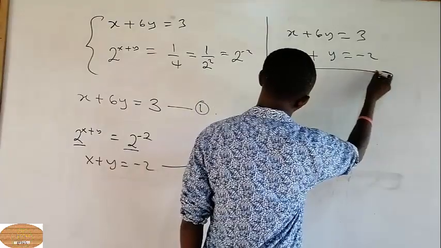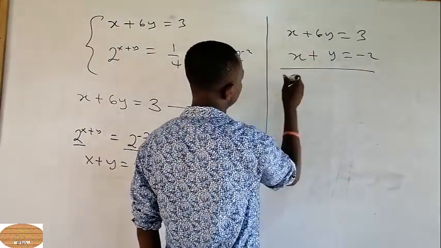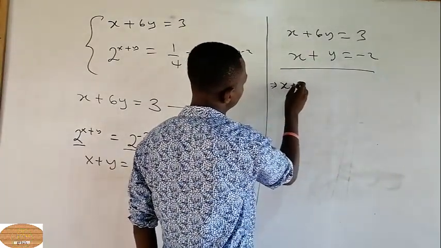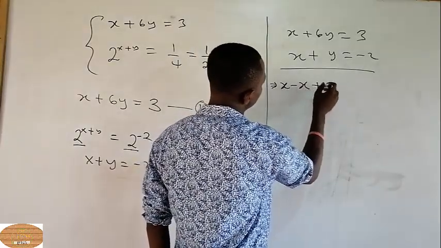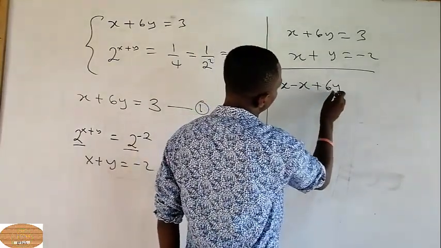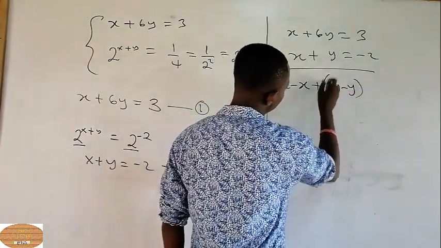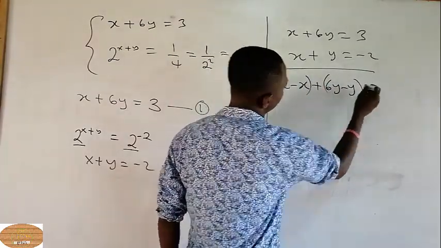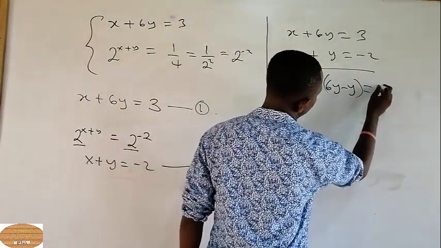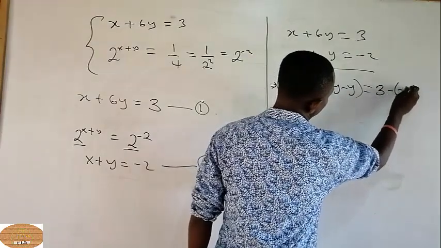So let me do that. x minus x, plus 6y minus y, then equal sign, 3 minus 2.